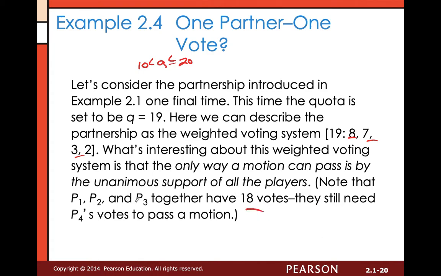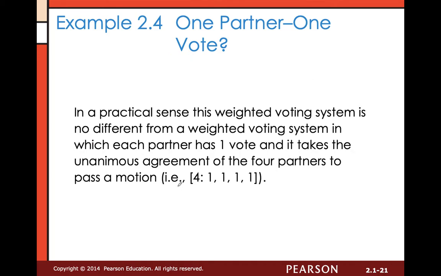They still need one more vote, but P4 has 2 votes, so you still need P4's votes to pass the motion. So really, in a practical sense, that means that it's really no different from each partner having one vote, and they would take a unanimous agreement of the 4 parties to pass a motion. In other words, it would really be kind of the same in a way as saying 4 is your quota and then 1 vote for each of the partners, because you'd have to have all 4 to agree.